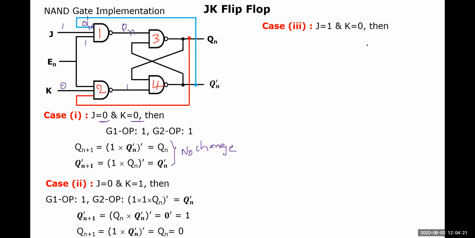Please see this here. At gate 1, you have taken this particular input, and this input is being propagated towards this particular gate. 1 into Qn complement, whole complement, will be equal to Qn. So you got Qn as output here.